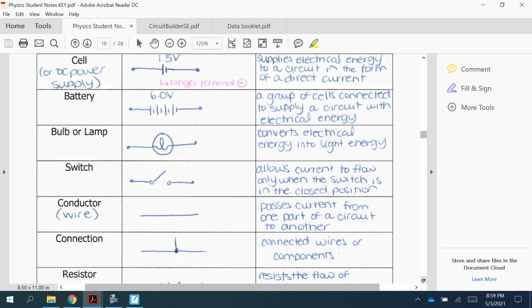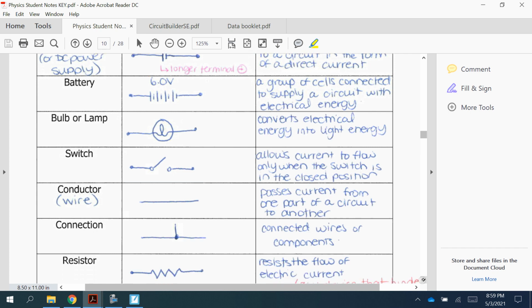Sometimes you'll see a switch. A switch can be open and then it can be closed. So when it's closed, the line will be across here instead, and that allows a closed loop to be created, which will allow current to flow through. It can prevent current from flowing through when it's open, and it can be put together, which allows current to flow through.